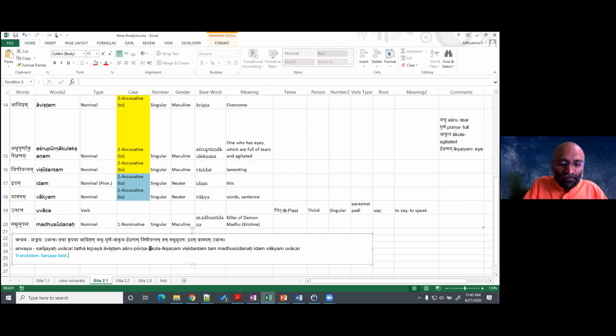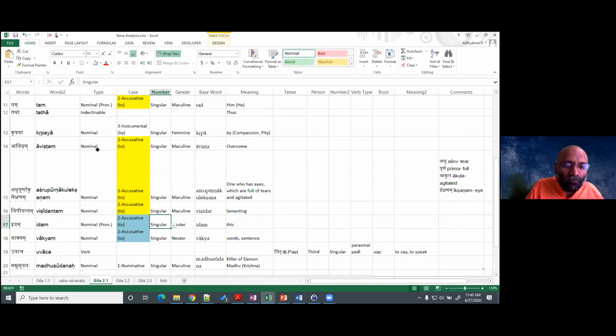But this is the idea. Madhusudana, we can say it's a name of Krishna. So Krishna spoke these words to, I'm saying Arjuna because it's referring, even though the word Arjuna is not used, to him. It says basically him.